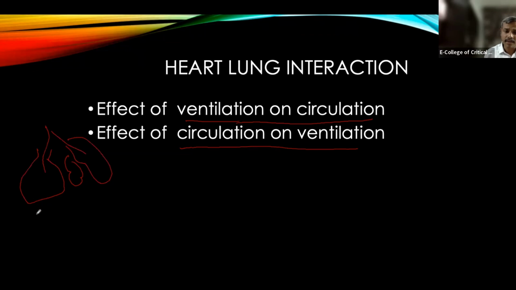On the other way, if the heart fails, or for example, this is the right heart, this is the pulmonary artery. If there is a pulmonary embolism in the pulmonary artery, what happens to the lungs? Obviously there is no circulation in the lungs.